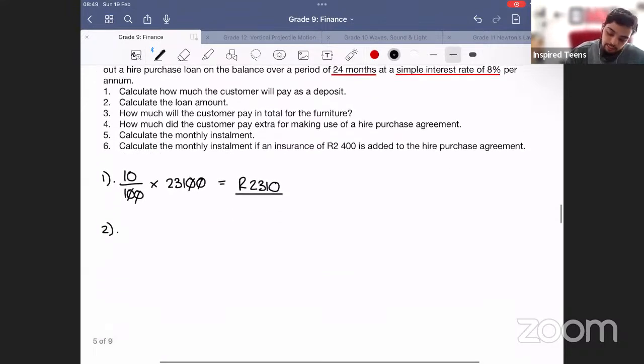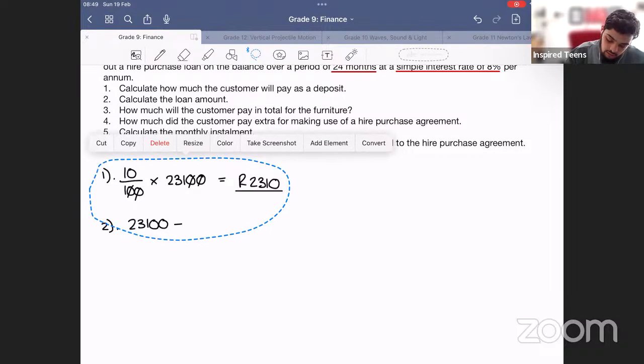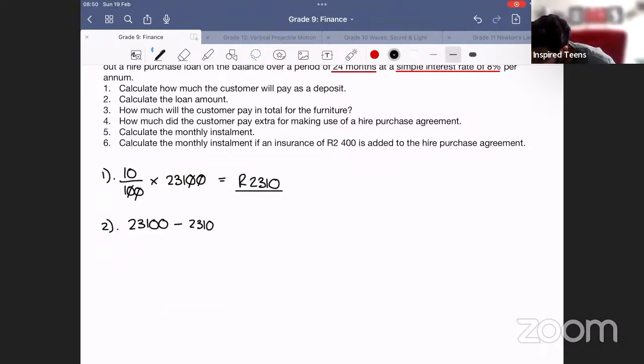So 23,100 minus 2,310, and we get an amount of 20,790.